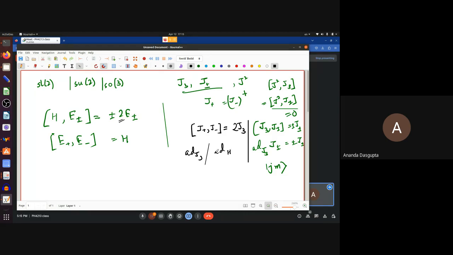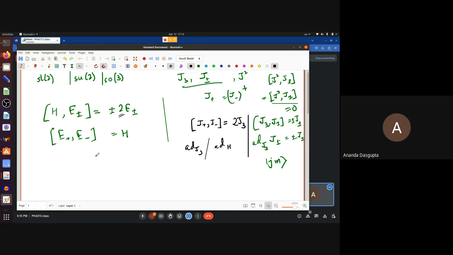And H is twice J3. Because it's twice as big an operator, it has twice as big eigenvalues. Plus 2 and minus 2. E plus minus are the same as J plus minus. Okay. So this is a standard notation that people often use, especially in the algebra theory. So if we use this, it will be easier for you to read other books.